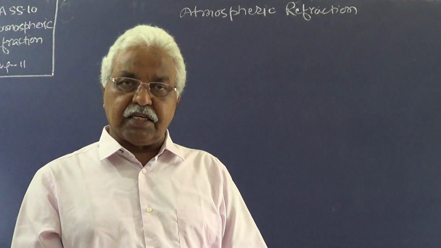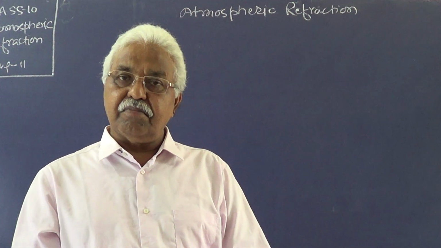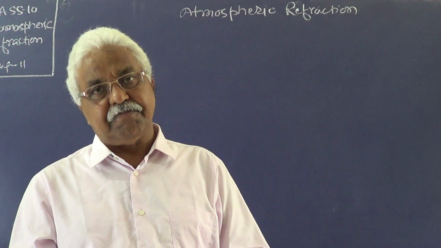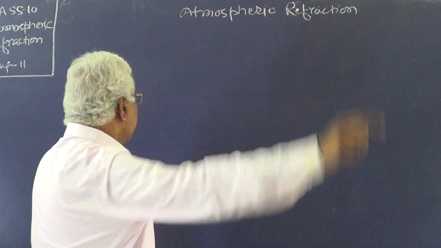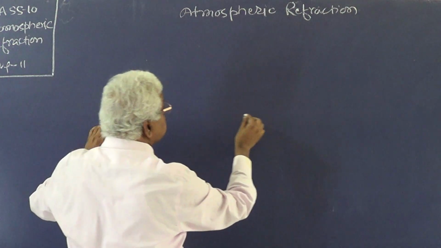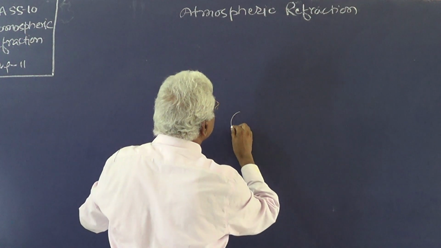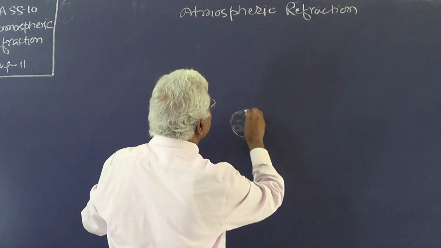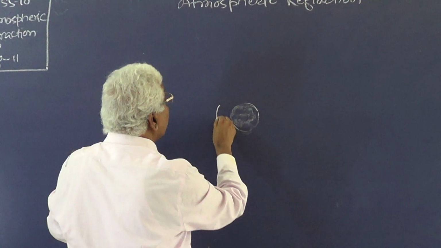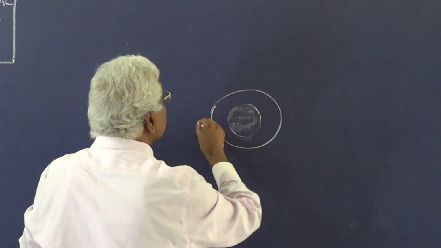As you move towards earth, the medium continues to be denser and denser. हम इस पर चर्चा करते हैं ज़रा डिटेल्स. First of all, it is your earth. It is around the earth.